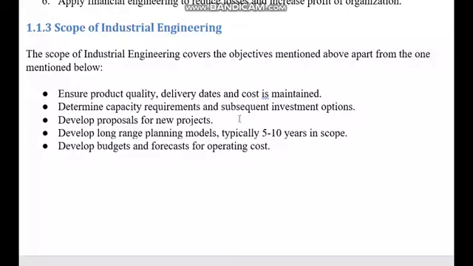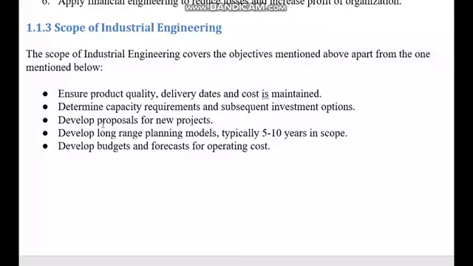Okay, and subsequent investment options. Suppose you have fewer machines and you have to invest in machines and other things, so that determination also comes under industrial engineering.